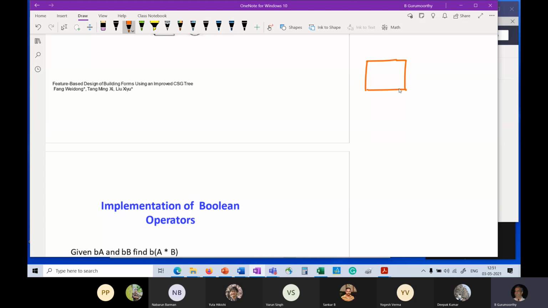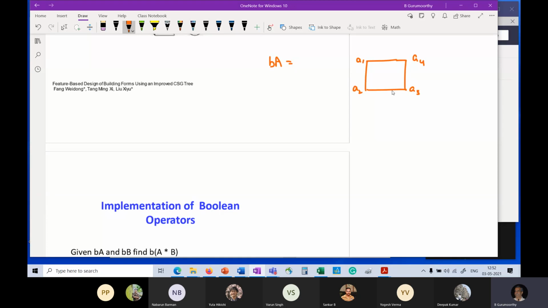So let me say that this is my solid A, right? And so when I say I'm given the boundary of A, what do I mean by that? So the boundary of A, this is a 2D point set. How do I represent a 2D point set by its boundary? By its edges. And therefore, let me label this as A1, A2, A3, and A4.